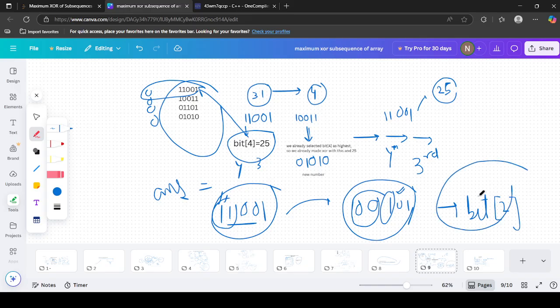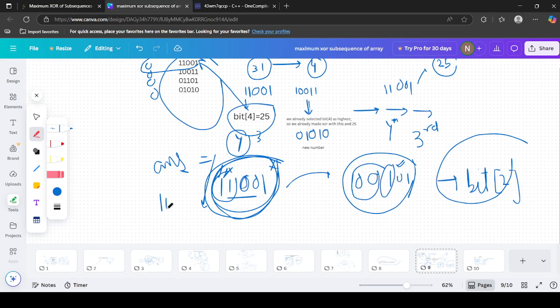From this we also got that if we get the highest number, we simply break the loop, because we will anyway consider this in the number. So why think about all these bits? We already discussed that, right? We have a given number, and we traverse the bits, and we will only consider it when there is no bit set here. So we discussed in the first few slides, we got 11001.